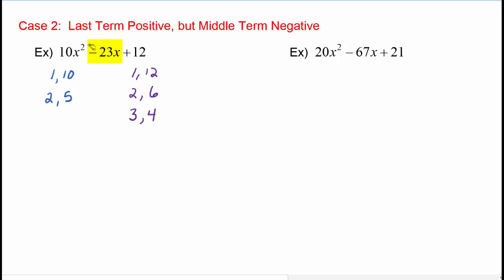So you do guessing and checking, you go through all the pairs, and you would discover that we're going to need 5 times 3, and we'll need a negative 15 from that, and 2 times 4, which would be a negative 8. Now, negative 15 plus a negative 8 gives us negative 23. So now we are ready to make our factors.